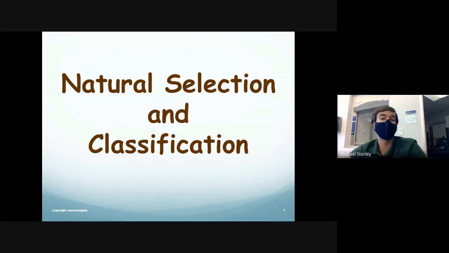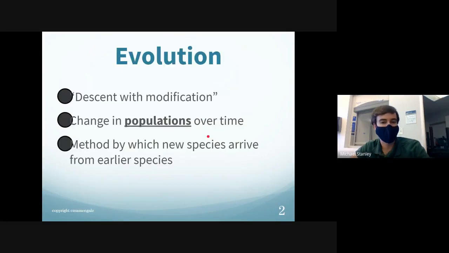So natural selection is essentially the process by which evolution happens. We were just talking about how with evolution, you have this change in species over time, where you go from the more ancient species to the more modern one. Natural selection describes why and how these species are changing.